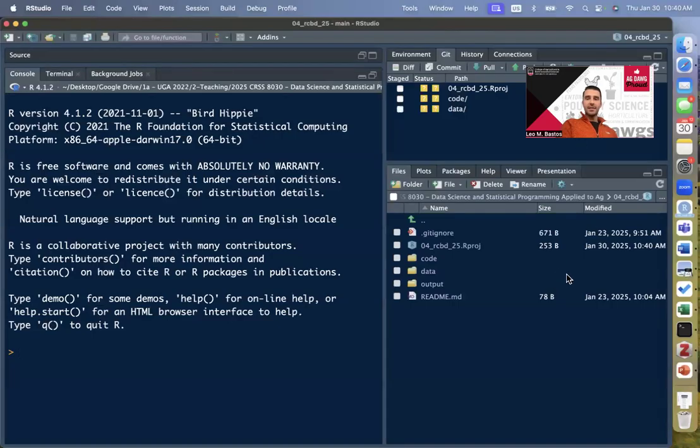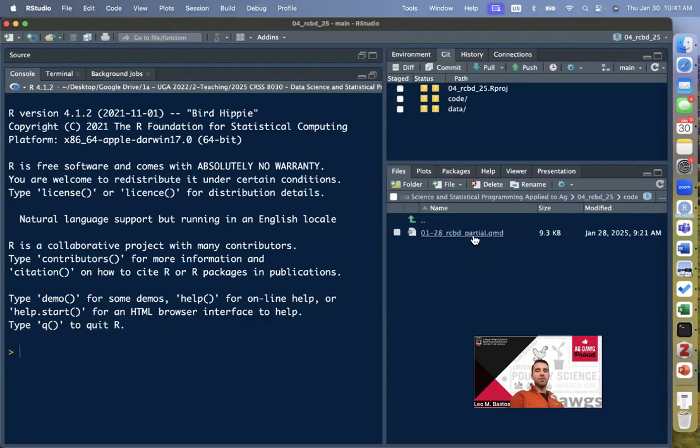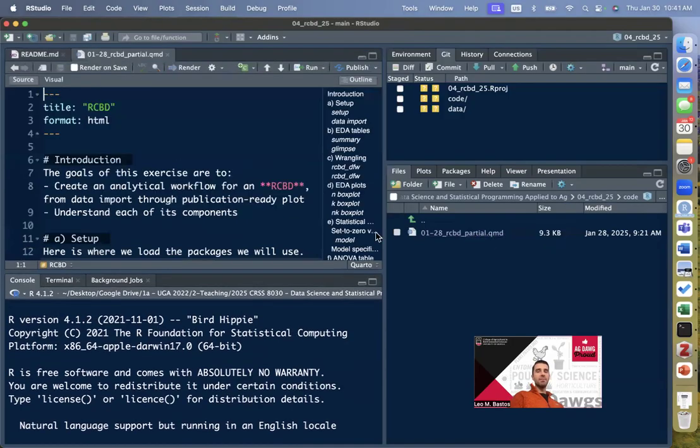If you launch that, come on the Files tab. If you're not seeing the main folder of the project, click on the R blue button. This always brings you to the main folder of this project. Go on code and launch that script that I shared with you, the RCBD partial.